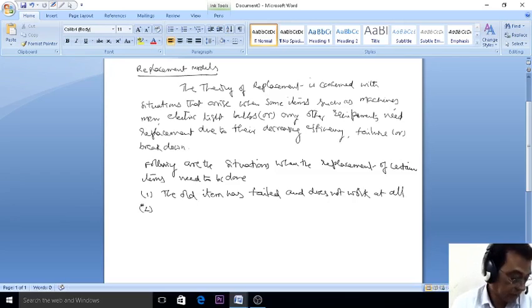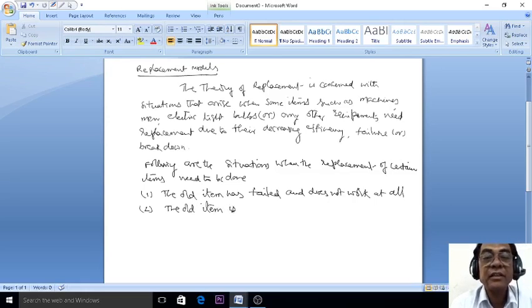Second point, the old item is expected to fail shortly.